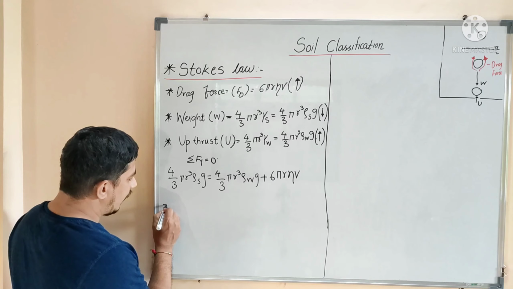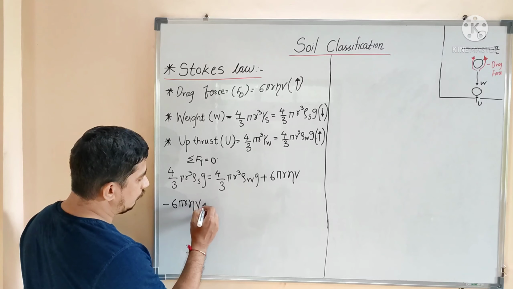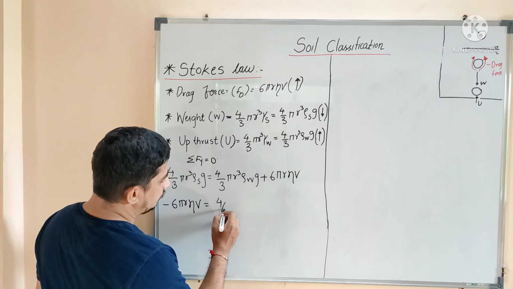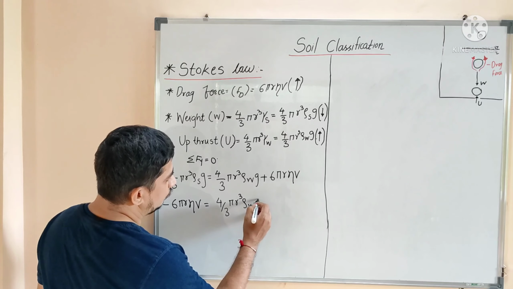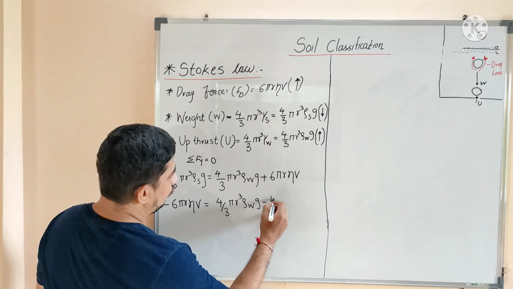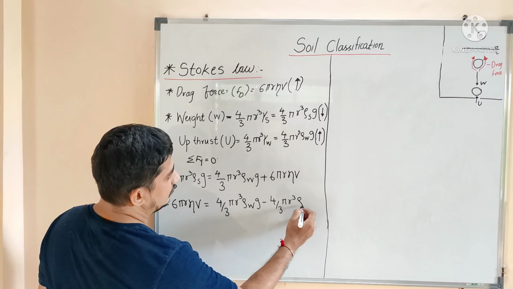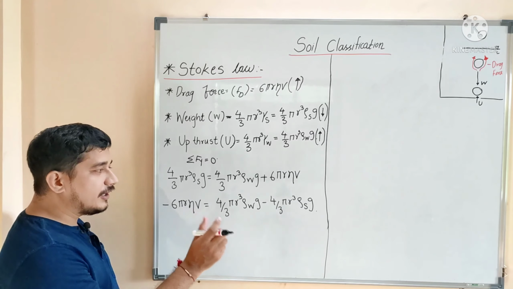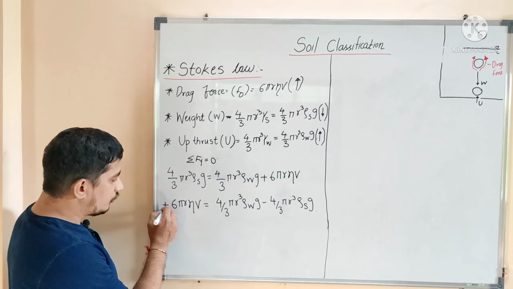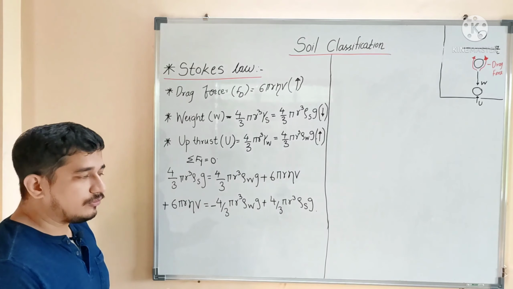It will become minus 6 pi r eta into v is equal to 4 by 3 into pi r cube into rho w into g minus 4 by 3 pi r cube into rho s into g. Now multiplying by a negative sign, this will become positive, this will become negative, and this will be again positive.